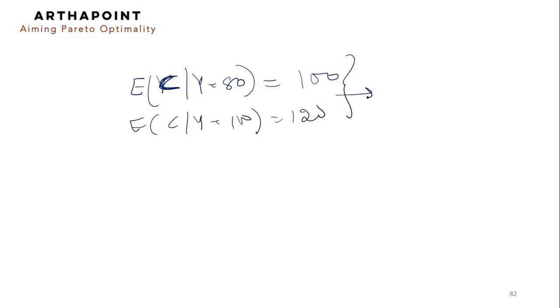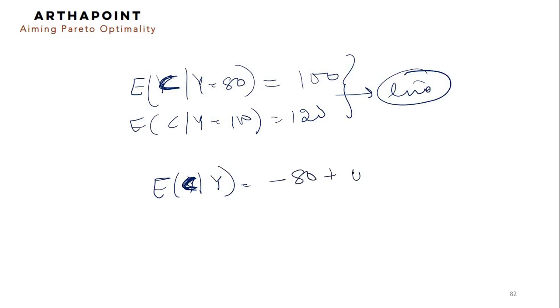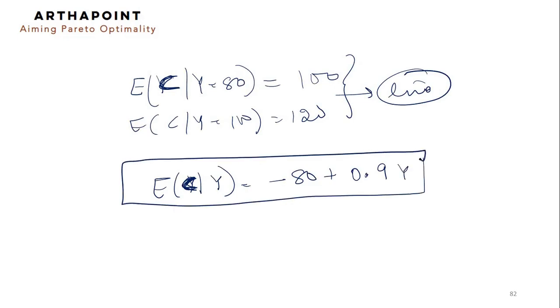I joined these points together. I got a line out of it. And my line looks like this: E of consumption given income is equal to minus 80 plus 0.9 times income. The question is, how do you interpret this?